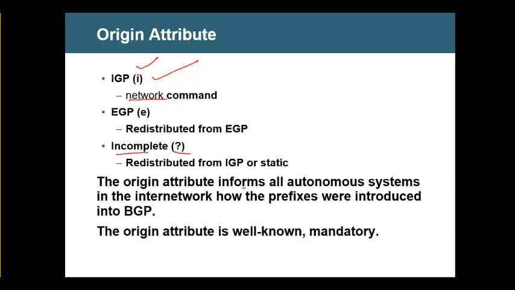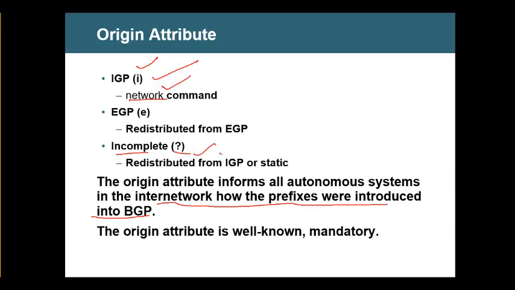The origin attribute informs all the autonomous systems in the internal network how the prefix was introduced into BGP. How is it introduced? Is it through the network command or through redistribution?